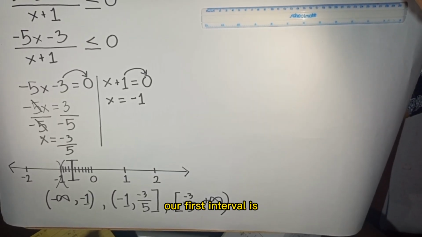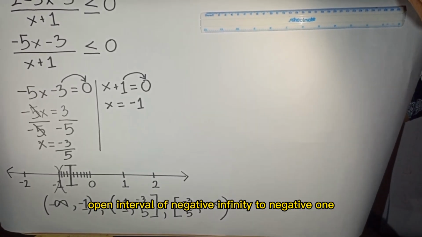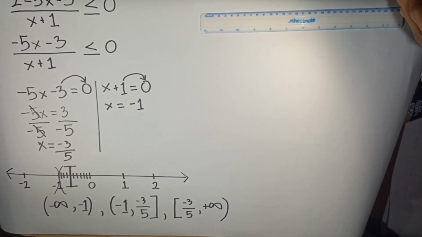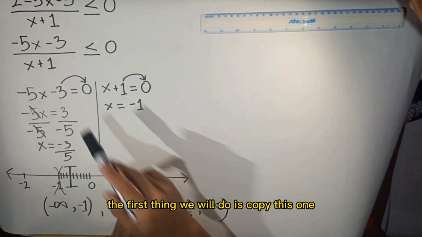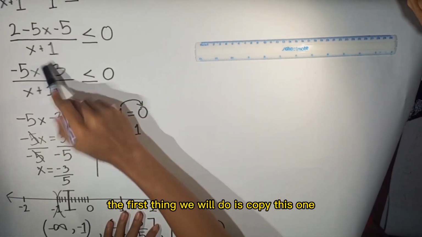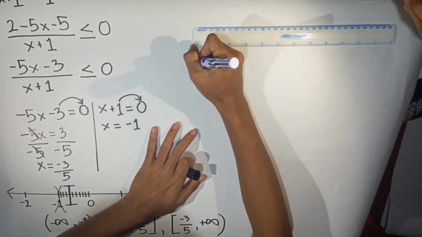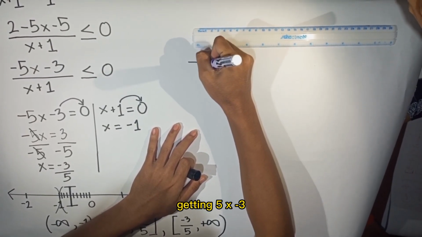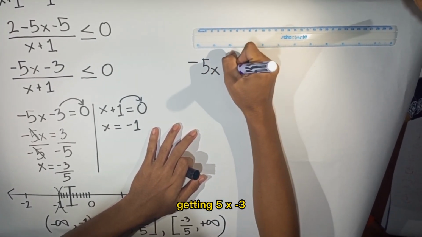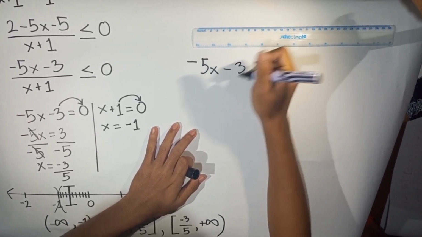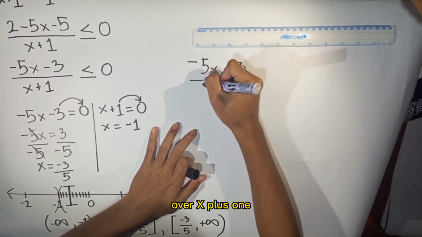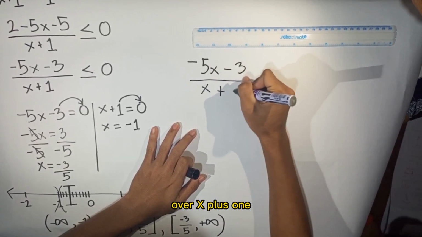Our first interval is the open interval of negative infinity to negative 1. The first thing we will do is copy this one: negative 5x minus 3 over x plus 1.